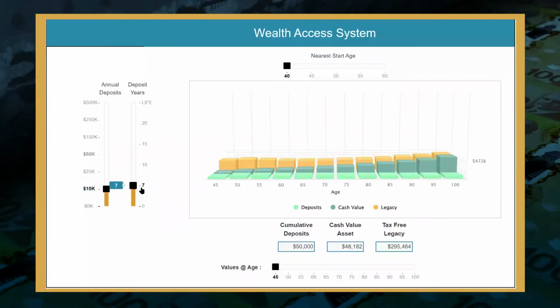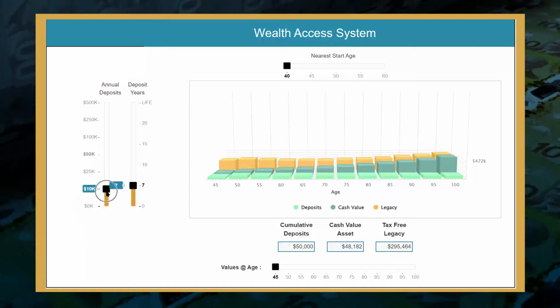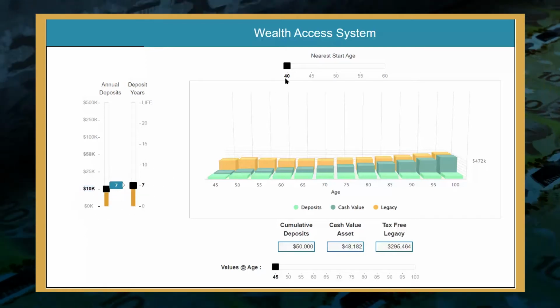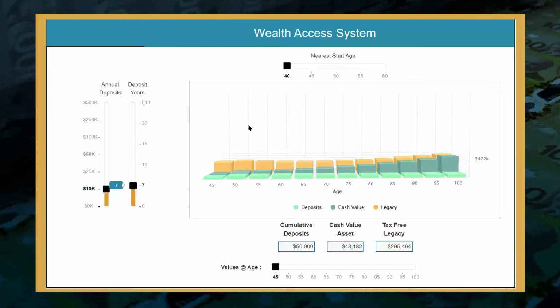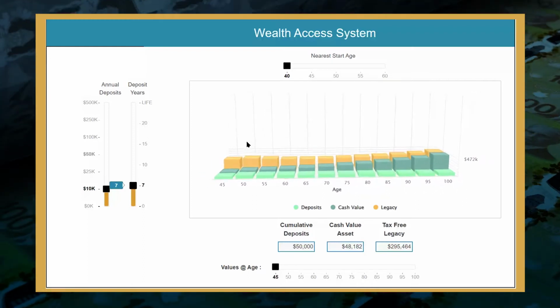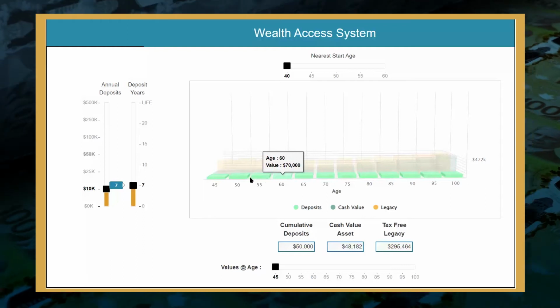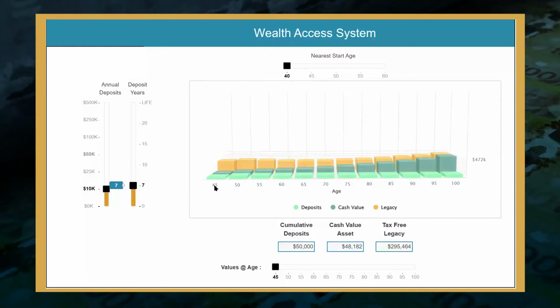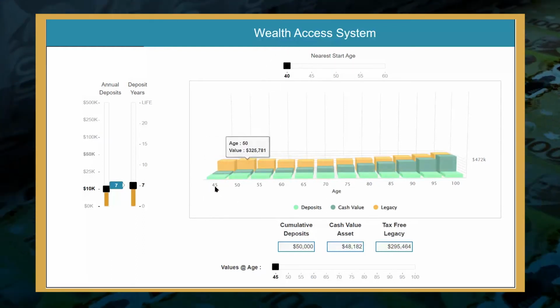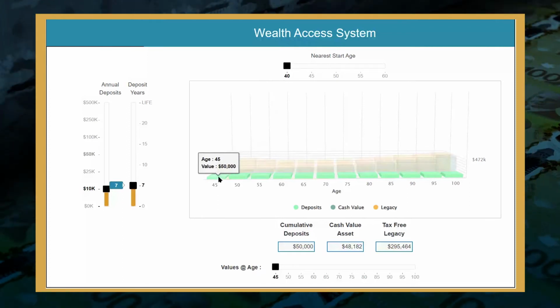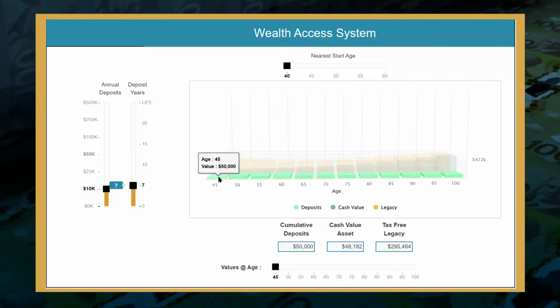In fact, I'm going to show that to you in our example. So let's kick this in for 7 years. So we've got $10,000 for 7 years for our 40-year-old. And I've got this cool little graph right here. So we're going to walk over this a little bit. We've got our front section, which is the deposits. So you see we're looking 5 years out. We started at 40, now we're at 45. And you can see if we went 5 years of 10,000, that's 50,000.